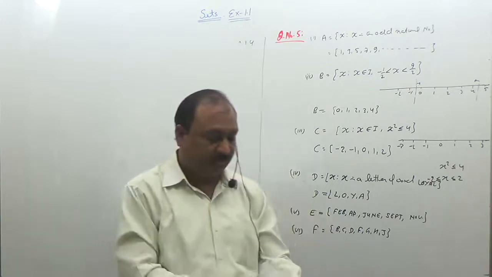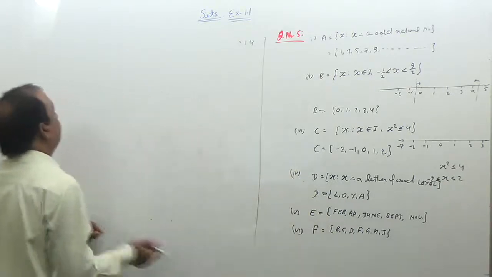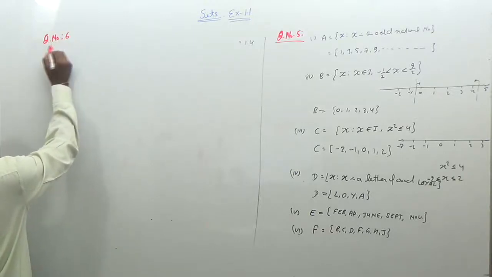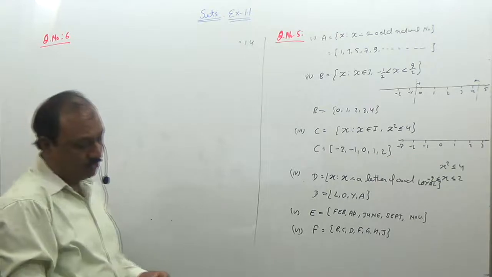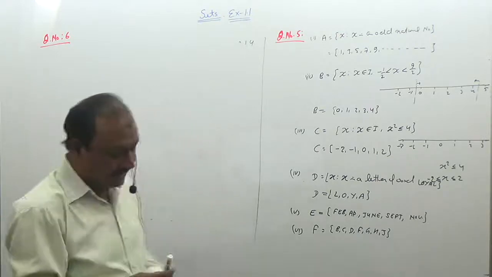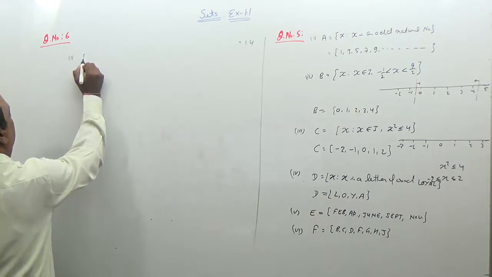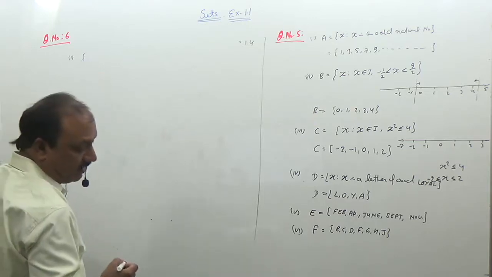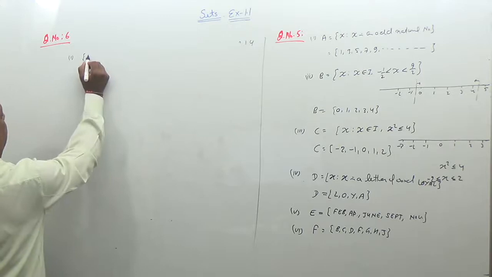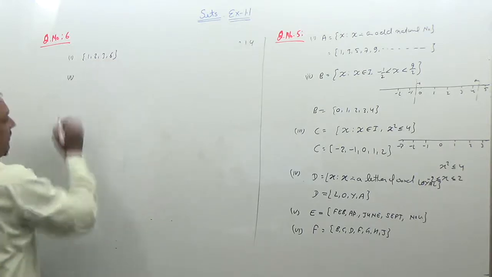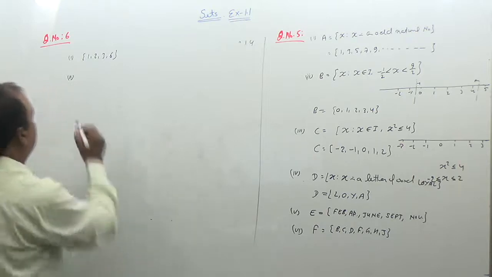So in question number 6, there are two sides. One is the roster form. The first case is the set of elements 1, 2, 3, 6. And second is the set of elements 2 and 3.